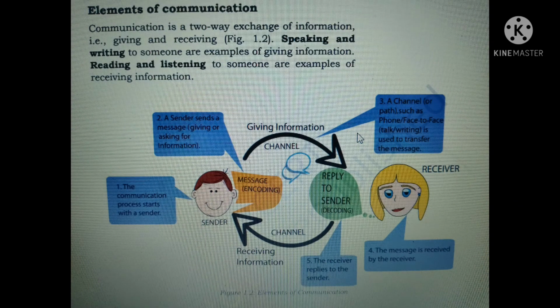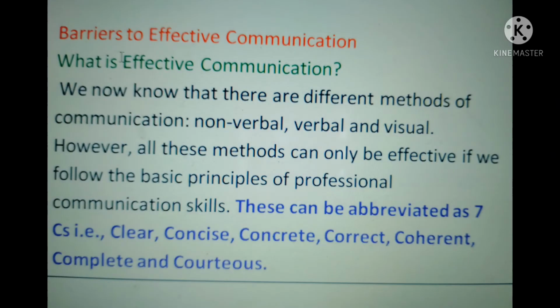We know that there are different methods of communication: non-verbal, verbal and visual. However, all these methods can only be effective if we follow the basic principles of professional communication skills. These can be abbreviated as the 7 C's: clear, concise, concrete, correct, coherent, complete and courteous.